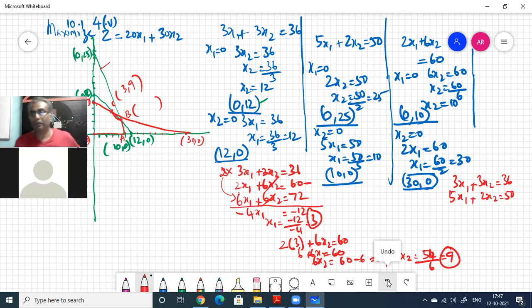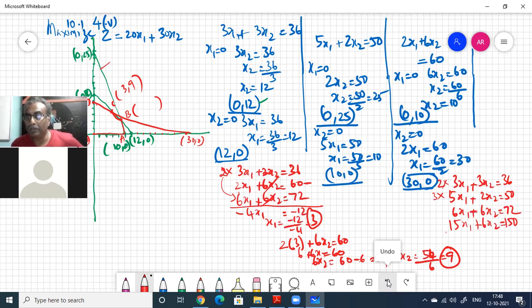These two lines are now crossing. Now you have to multiply that with 2 and this with maybe 3. Then 6x1 plus 6x2 is equal to 72. Multiply by 3, 15x1 plus 6x2 is equal to 150.